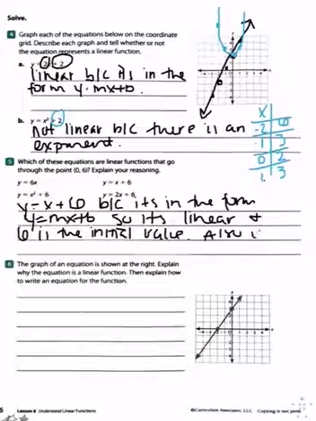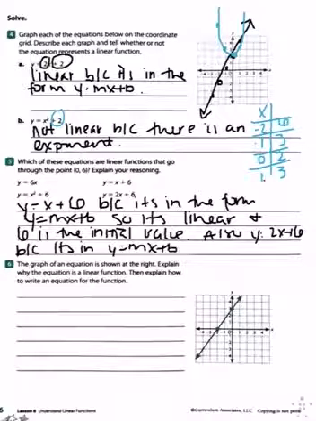Also, y equals 2x plus 6 because it's in y equals mx plus b form, and its initial value is 6.